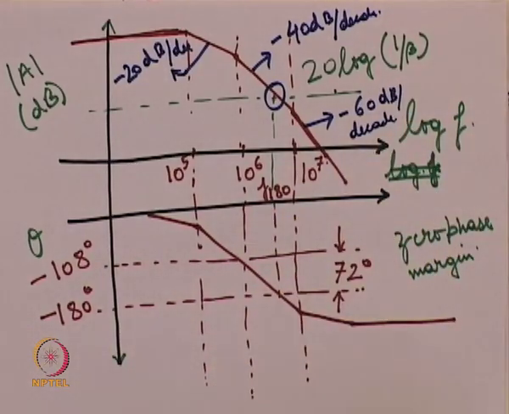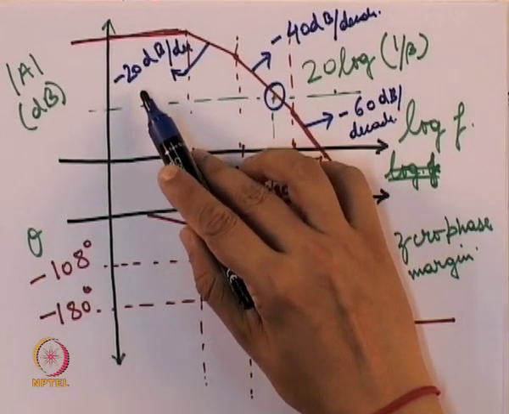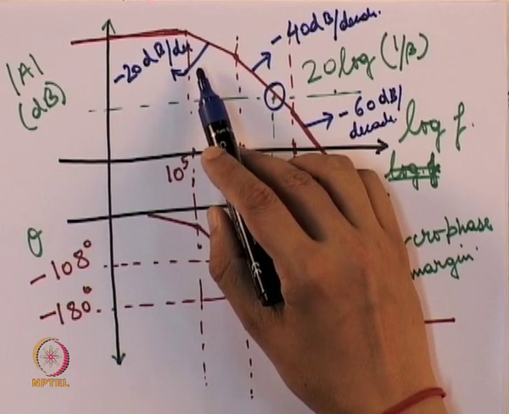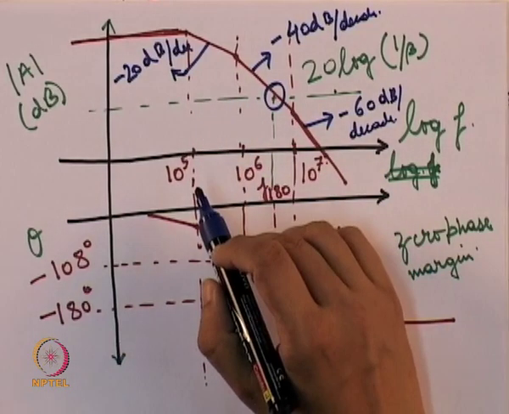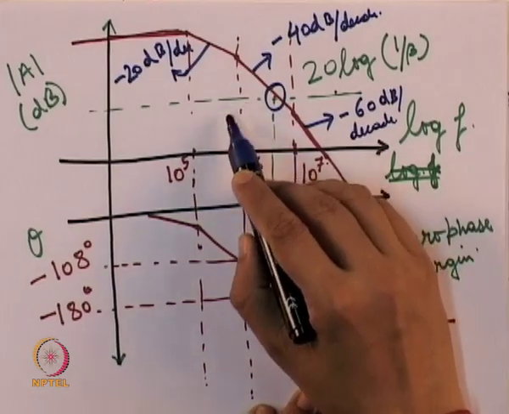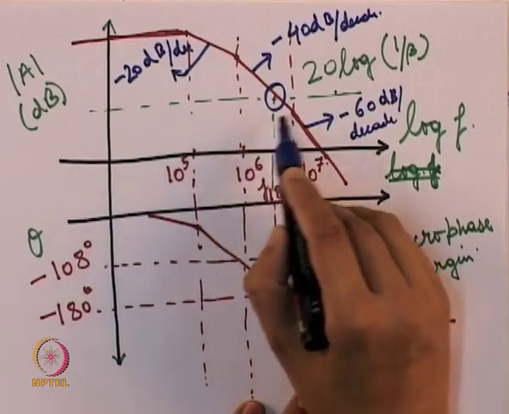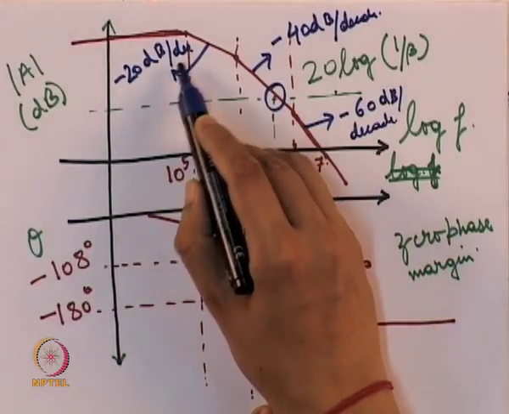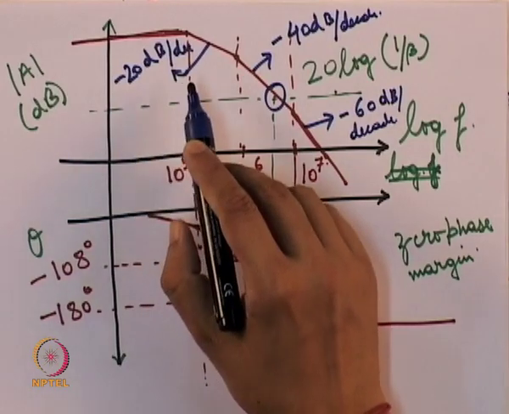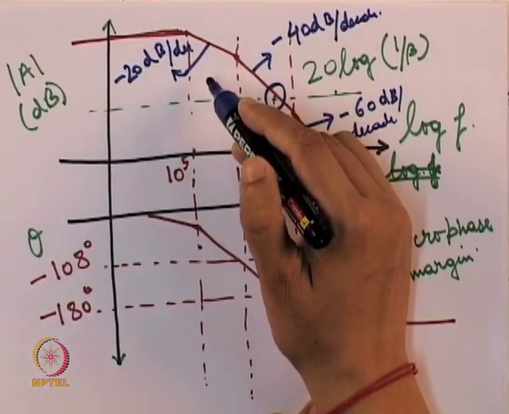Now, from the discussions that we had in the last lecture, we know that this minus 20 dB per decade corresponds to the region where there is the contribution of only a single pole. If the contribution of this feedback network, represented by this green line, passes through this minus 20 dB per decade region, then the system will be unconditionally stable.